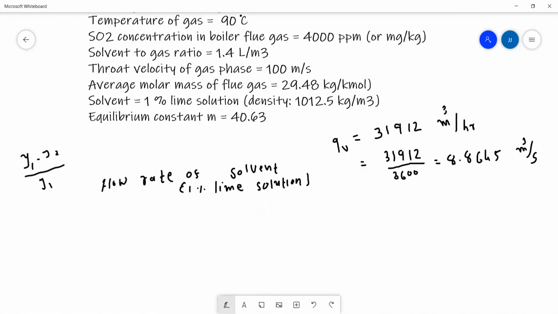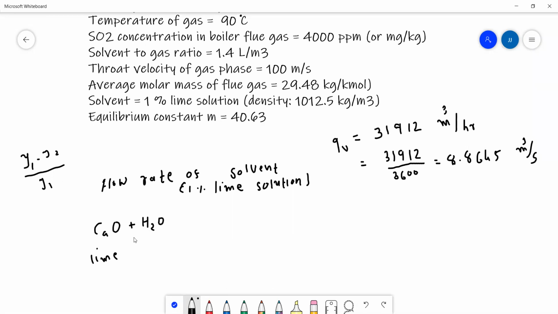Now this lime solution is nothing but Ca(OH)2. We know that lime is CaO, which is mixed with water, H2O, and lime, a calcium oxide, gives Ca(OH)2.